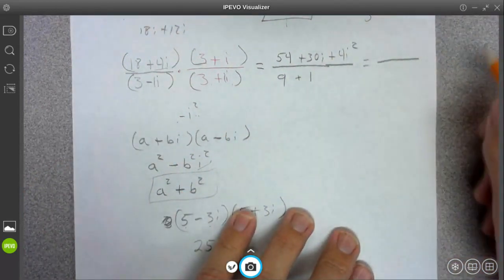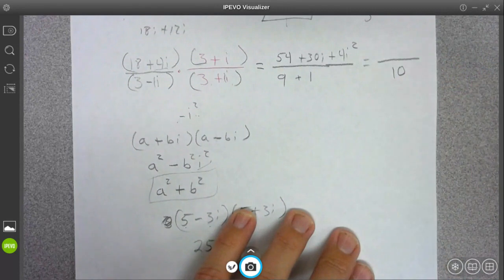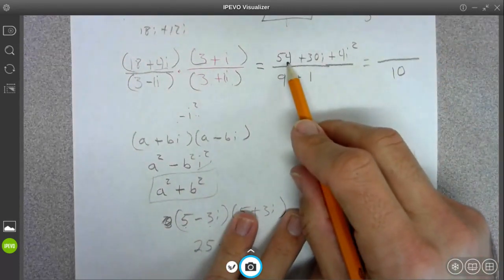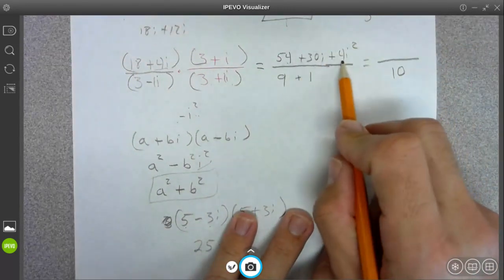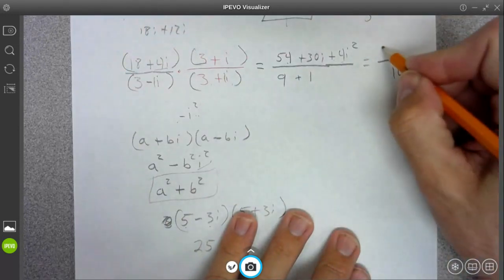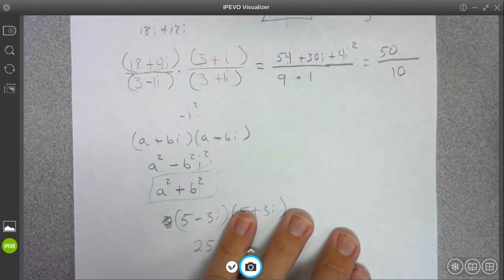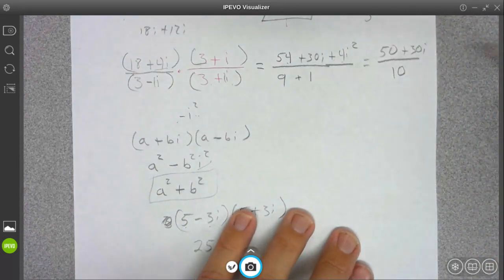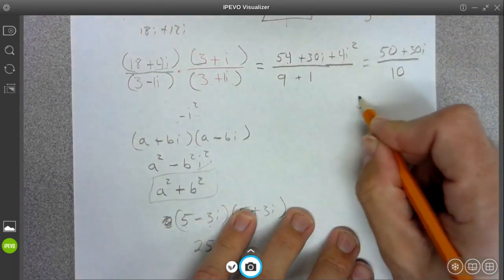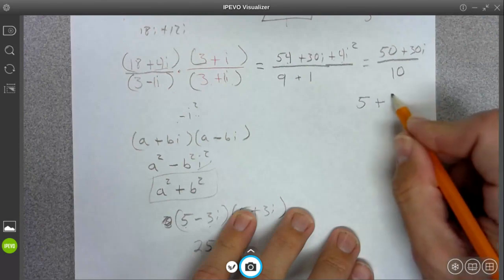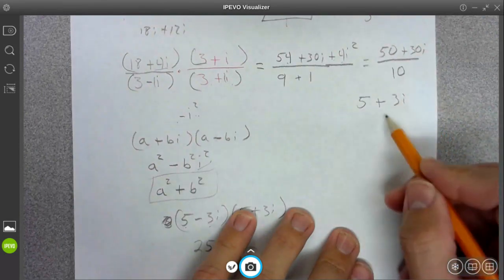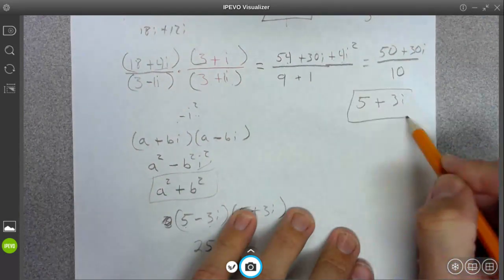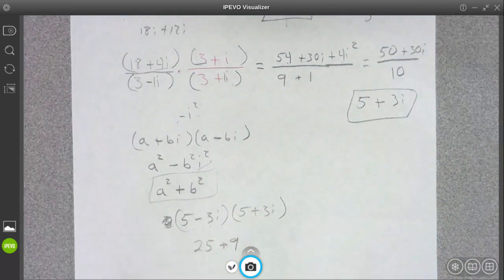And then we'll simplify the bottom, 10. Okay, 54 minus 4, because you get the sign change, is 50, plus 30i. Now all three of these terms, you can divide them all by 10. So you end up with 5 plus 3i over 1. So that would be your answer right there.